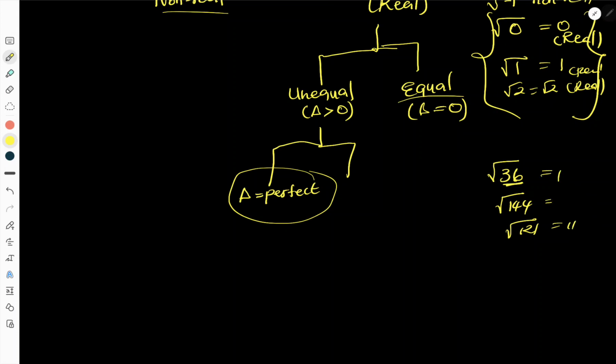Why am I writing 11, 12, 6? These numbers 1, 4, 9, 16, 25, and so on, are known as perfect squares. So when delta is perfect, the roots are rational. You must know that. When delta is not perfect, then the roots will be irrational.